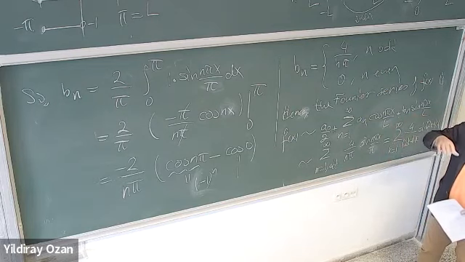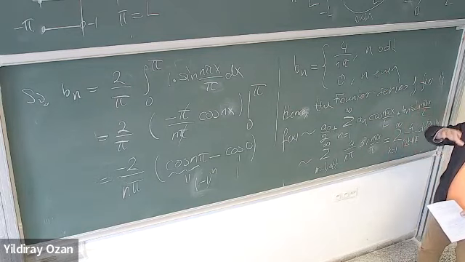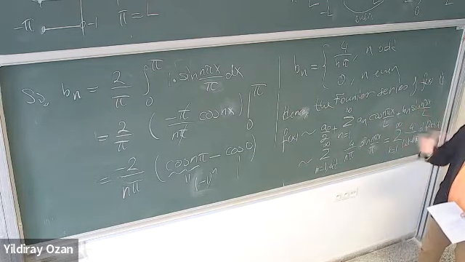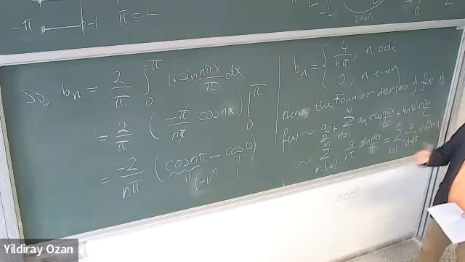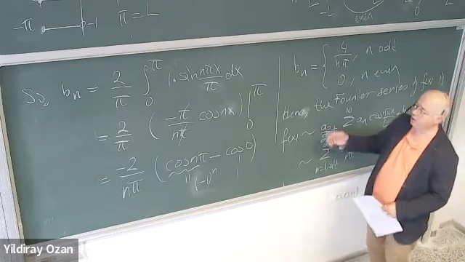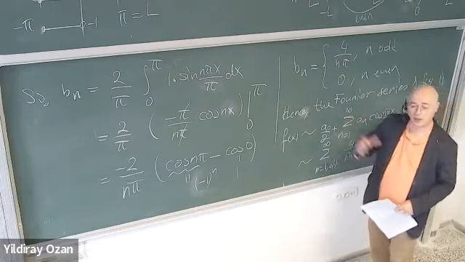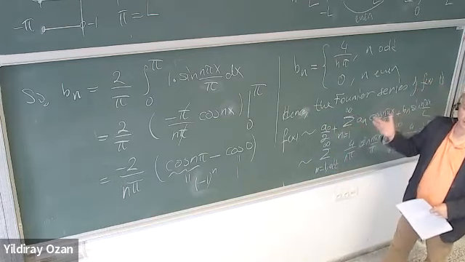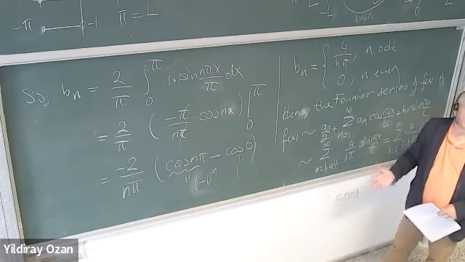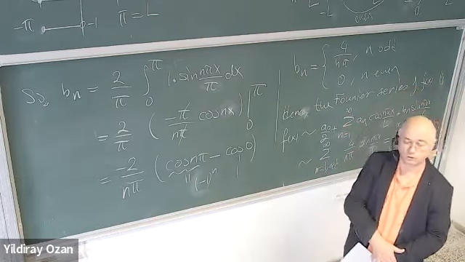A function has uncountably many values, so you cannot just list the values of a function unless you know its formula. You cannot represent it correctly, but here, via this theory, you can represent any function by a countable set of numbers, namely an's and bn's. Okay, that's the power of this Fourier transform or Fourier series.